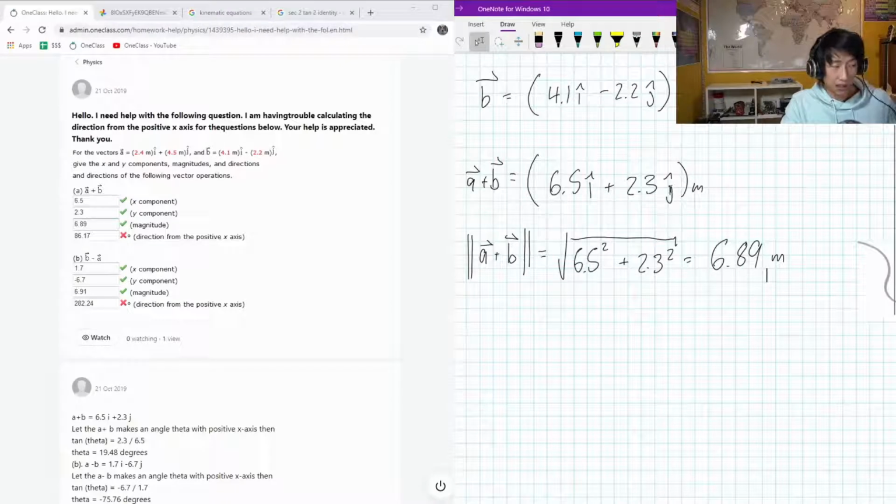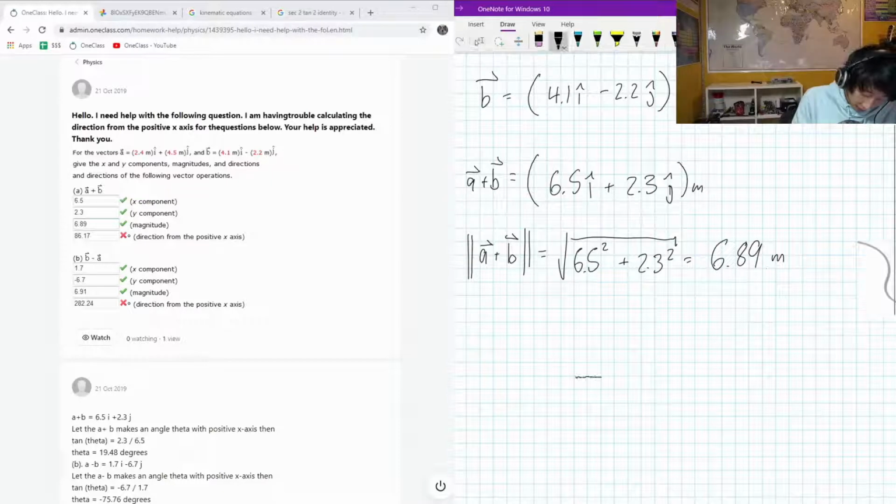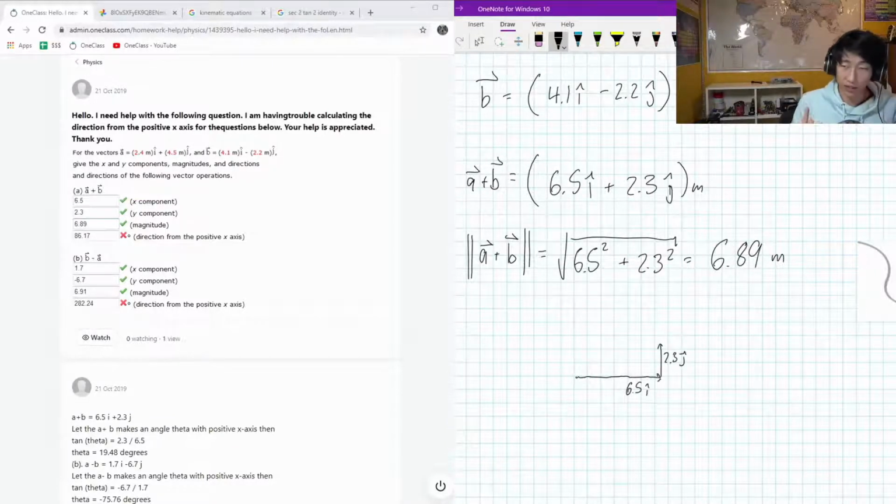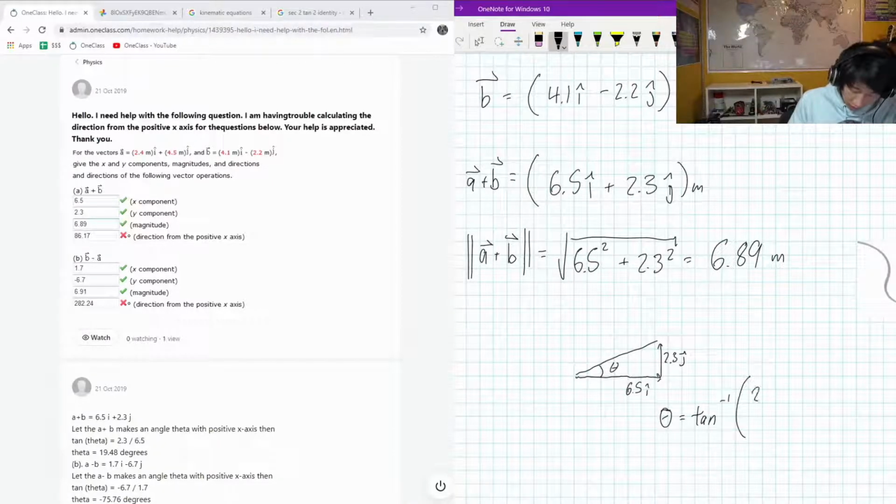Now, the next thing to keep in mind is what this is actually representing. We're going 6.5 in the i direction, and then 2.3 in the positive j direction, so it's going up. What we're looking for is this angle right here. To get this angle, we take the inverse tan of 2.3 over 6.5.